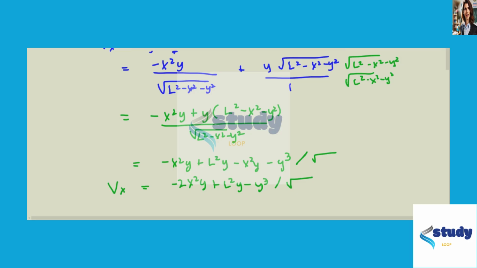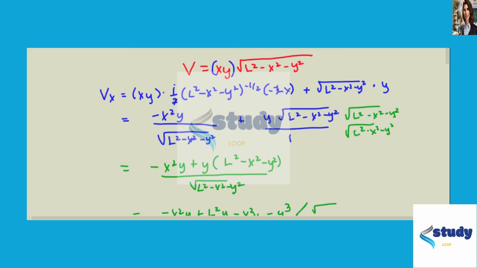That's Vx. Now I'm not going to go through and do the whole thing again for Vy, because the only difference is that x and y are just going to switch places. Whatever was the derivative with respect to x is now whatever. Where I have minus 2x, I'll put minus 2y, and where I have y, I'll put x.